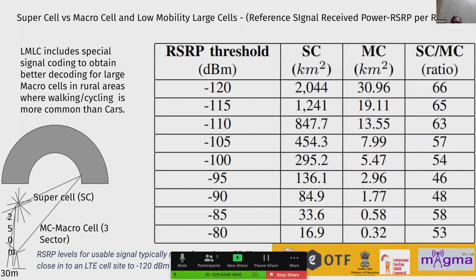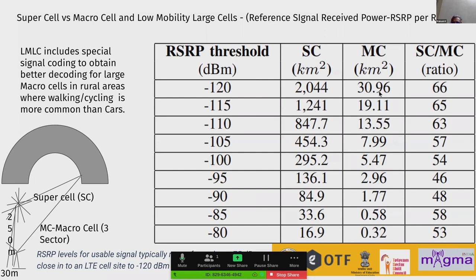You can see a supercell, if you go to kilometer square, of course the coverage is omnidirectional in this case as shown. So if you have a supercell or a micro cell, this is what the kilometer square coverage is. Minus 80 dB is the lowest and minus 120 dB is the highest in this case. So as you go from near to far, your square coverage is more.